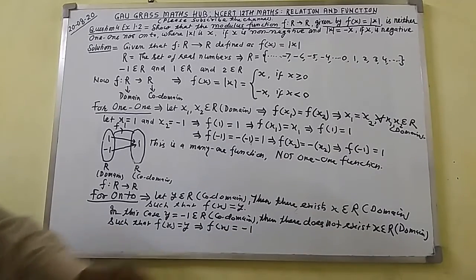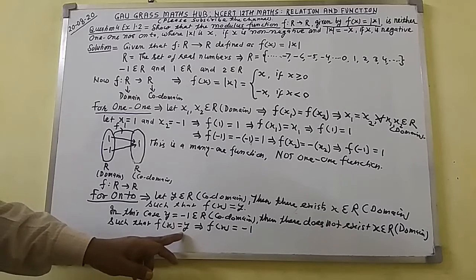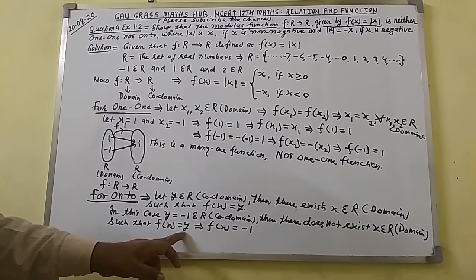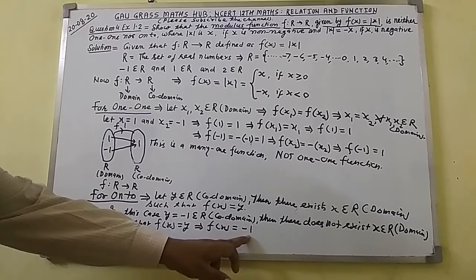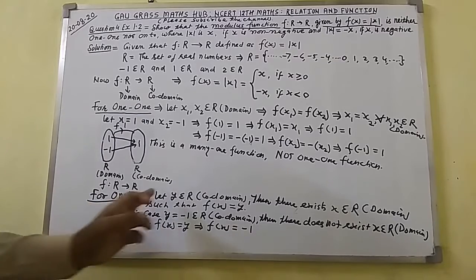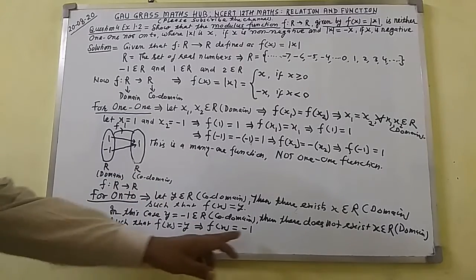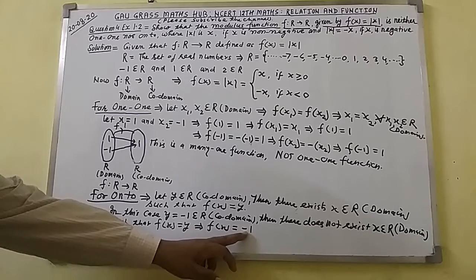So here y equal to -1. In place of y I have put -1. -1 is an element of capital R, that is codomain. This means that -1 is an element of codomain.